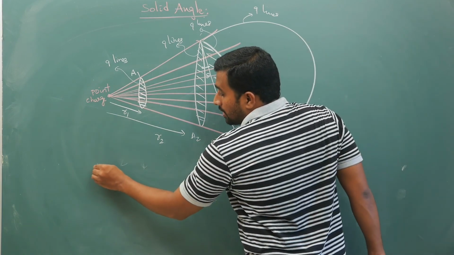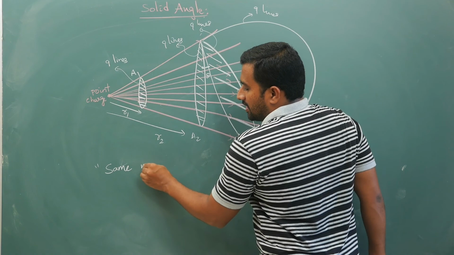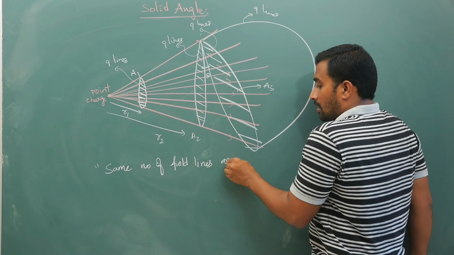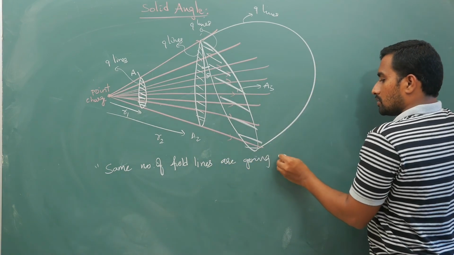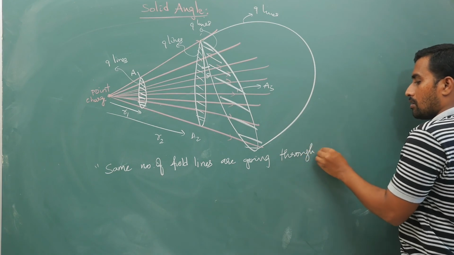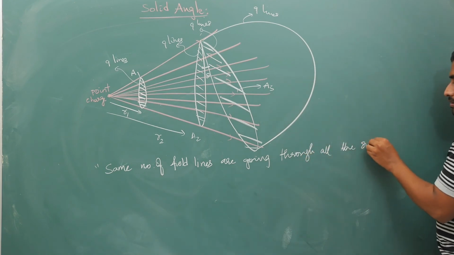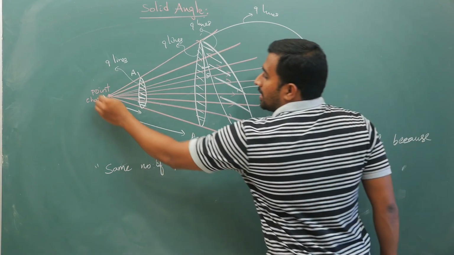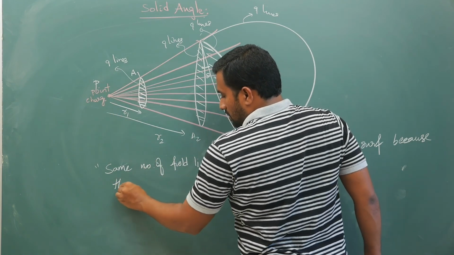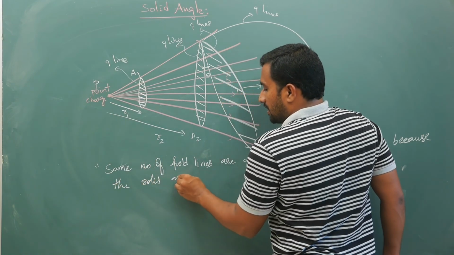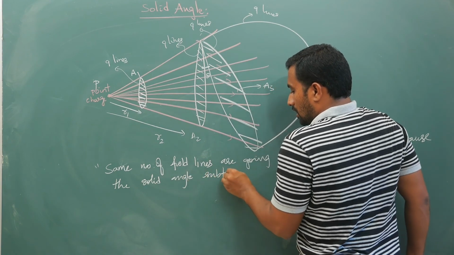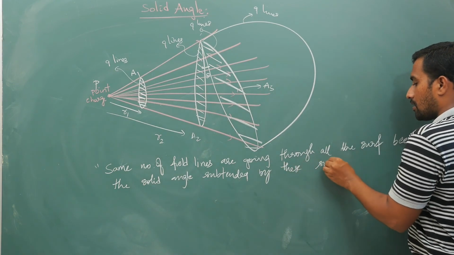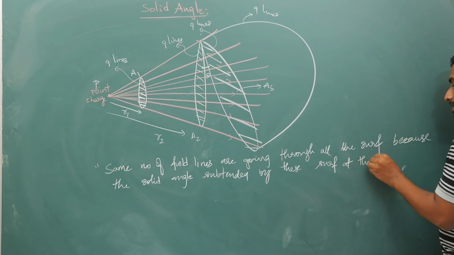So the same number of field lines are going through all the surfaces because, if I take this as some point P, the solid angle subtended by these surfaces at that point is the same.